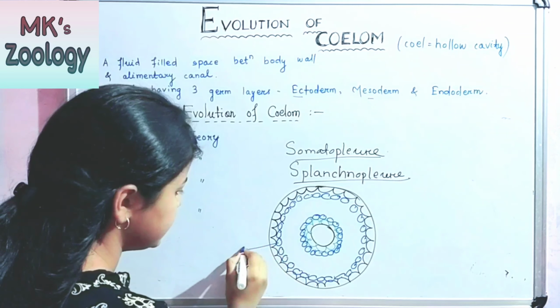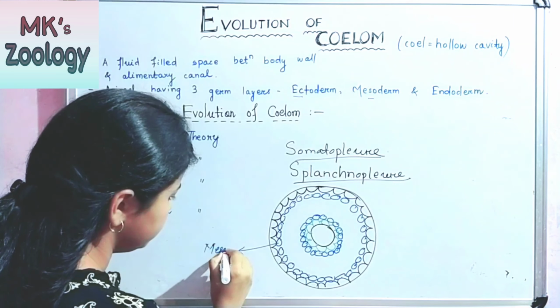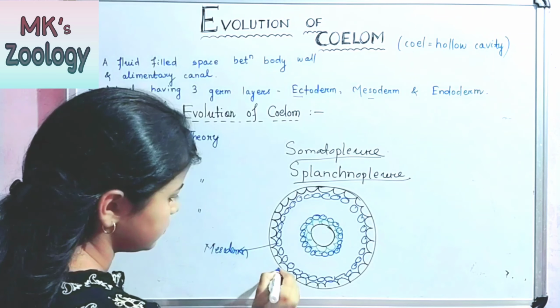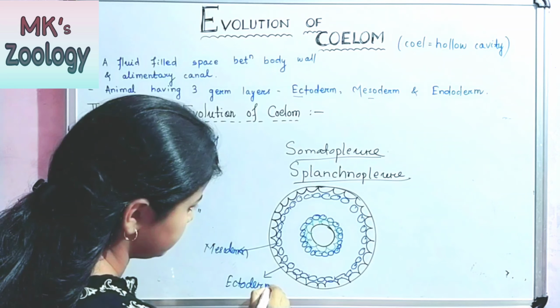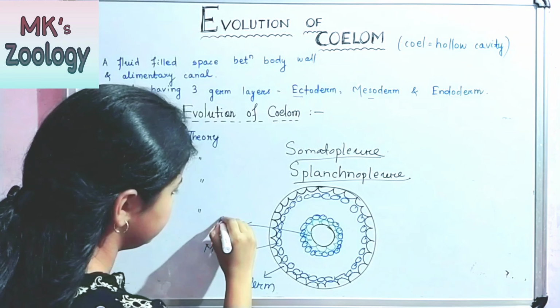These are mesodermal cells, mesoderm. This is your ectoderm. This is your endoderm.